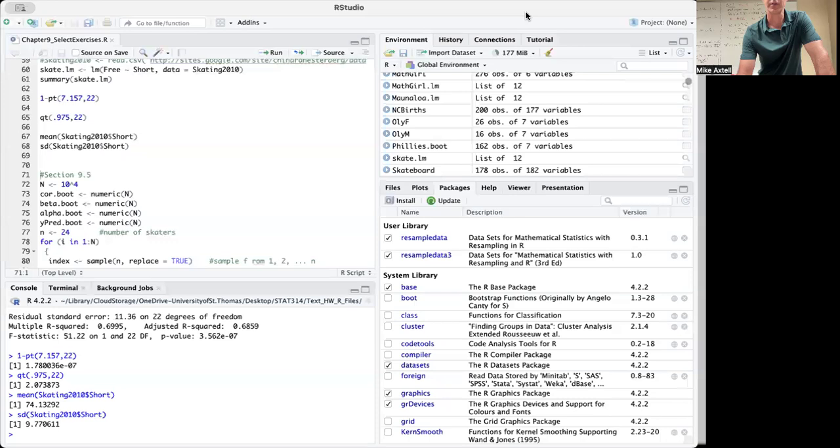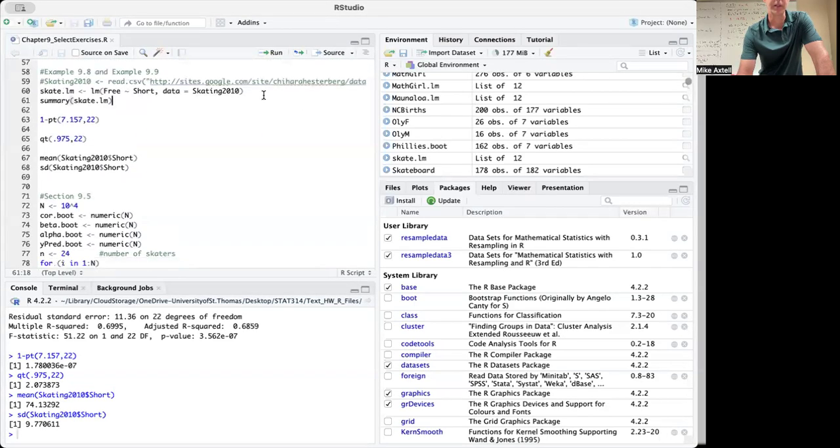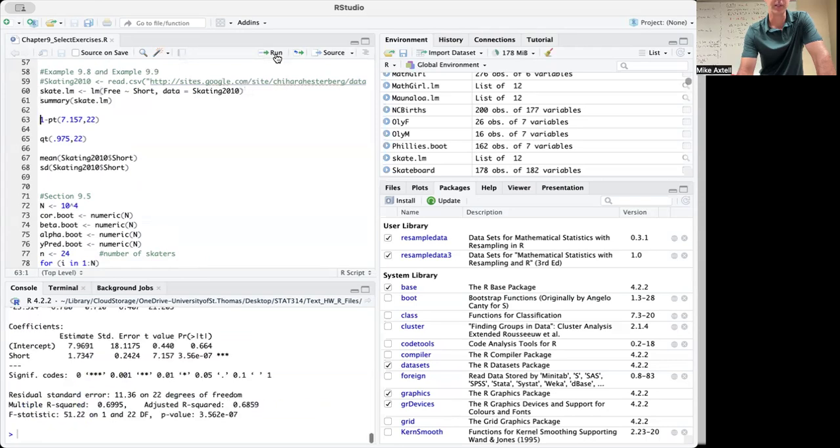Okay, so here's our chapter 9 notebook, and here is the example we're working on. I'm just going to run these lines. I'm going to load up the skate linear model. And if you note, that's where we're getting the 7.9691 and the 1.73347 for the coefficients of our model. And then I can get a summary.